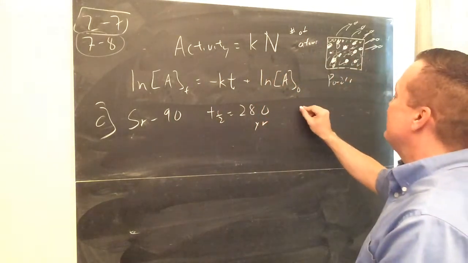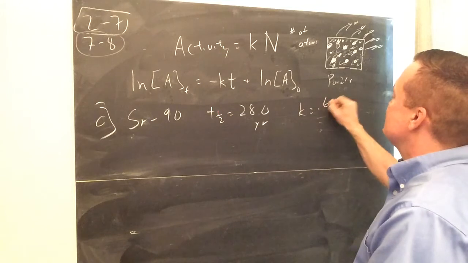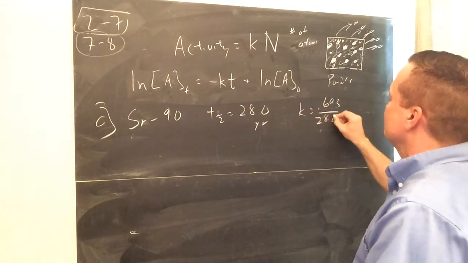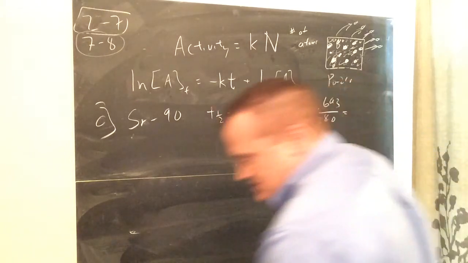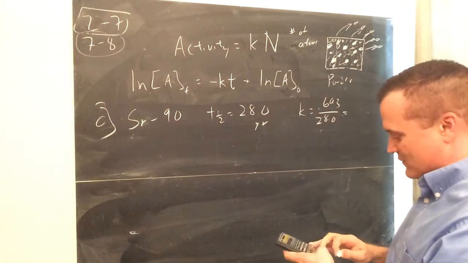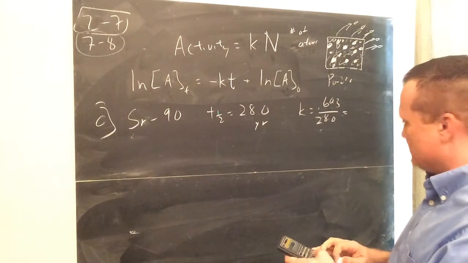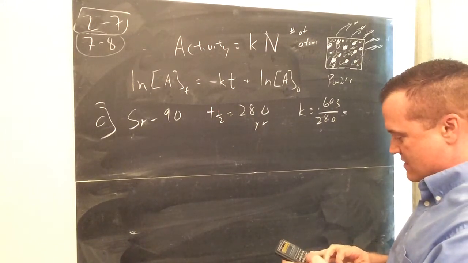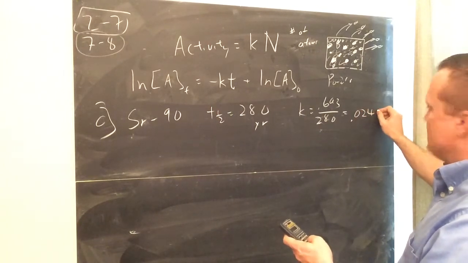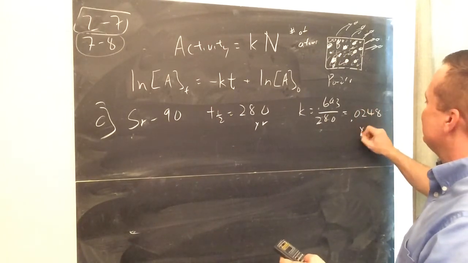So we'll do the same thing. K will be 0.693 divided by 28 years. Now if you wanted to use the longer equation, you could. You don't have to use this half-life equation, but it's much easier. 0.693 divided by 28 is 0.0248, and it's year^-1.